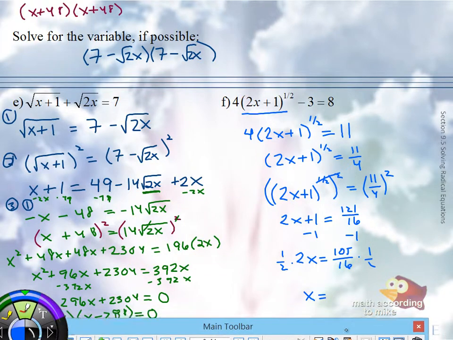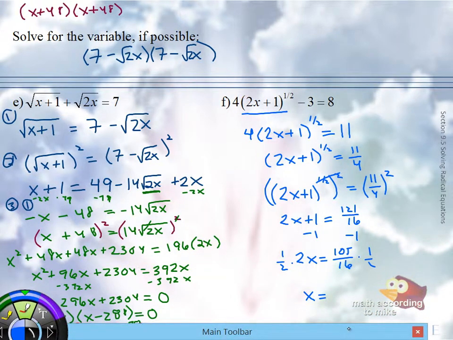What do you get for x? 105 times 1 over 16 times 2. 32.